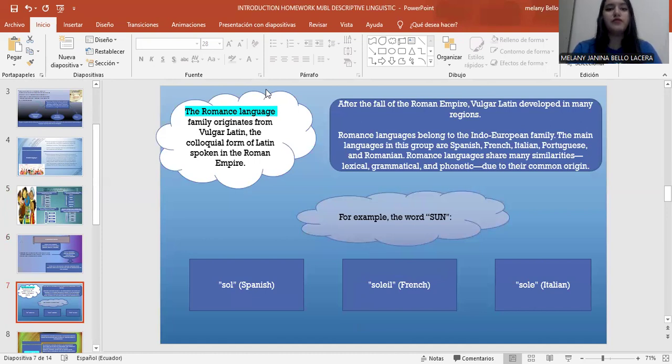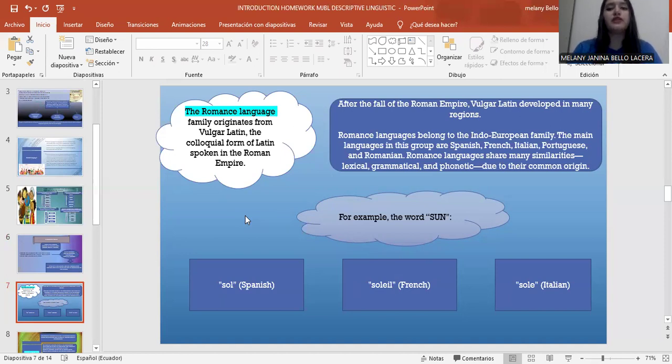The Romance language family originates from Vulgar Latin, the colloquial form of Latin spoken in the Roman Empire. After the fall of the Roman Empire, Vulgar Latin developed in many regions. Romance languages belong to the Indo-European family.